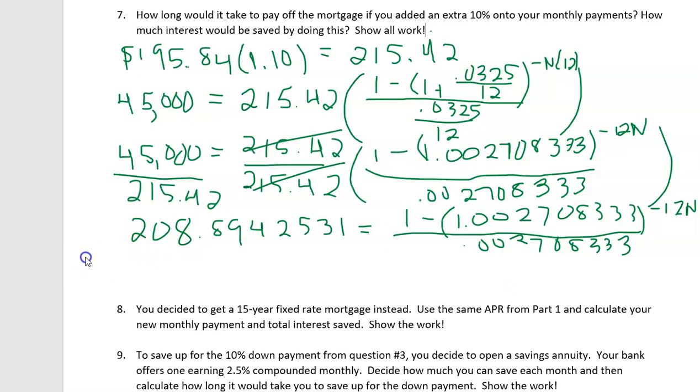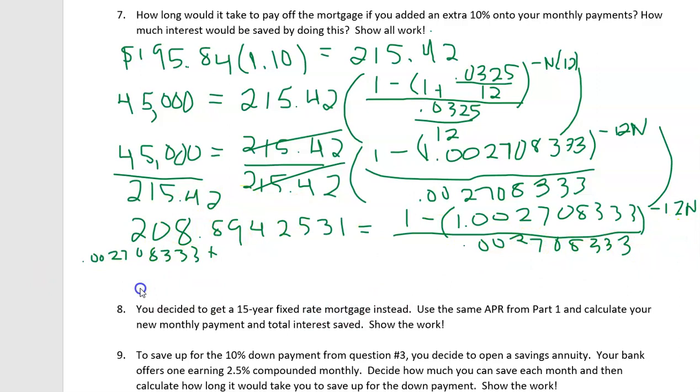So we're taking this decimal and multiplying it times the 208.8942, and we're doing the same thing over here.